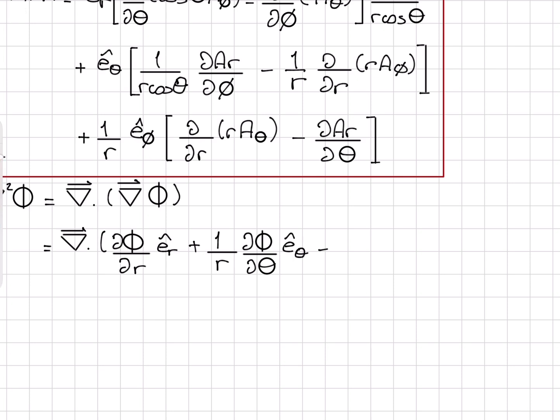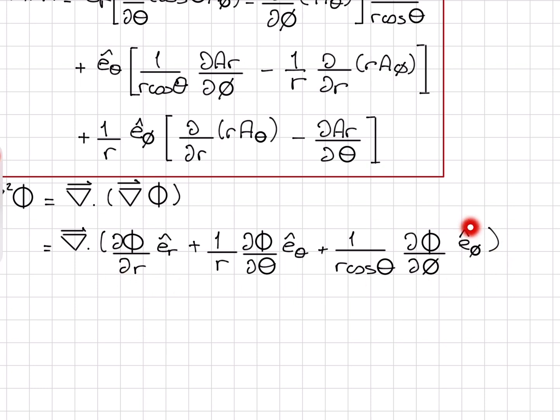So this is 1 over r cosine theta partial derivative with respect to phi in e_phi hat direction. This is the gradient of phi.